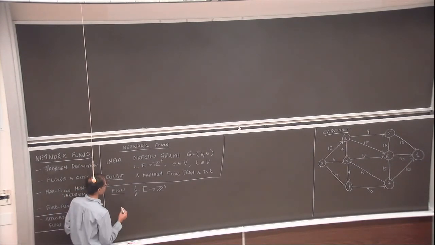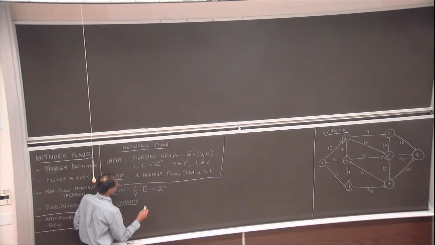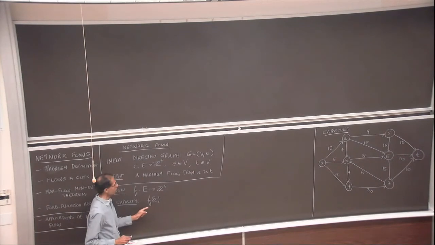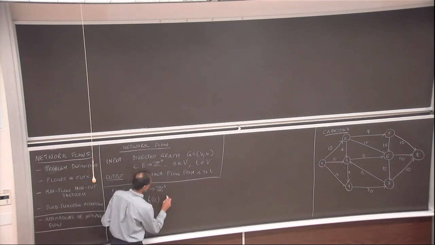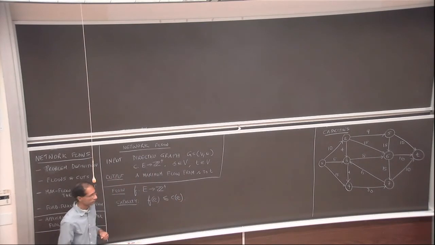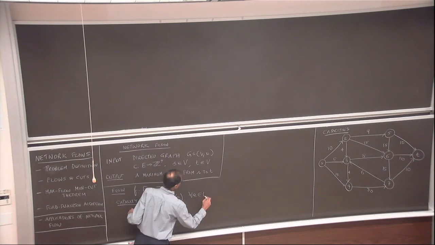It has to satisfy two properties. One is the capacity constraint: you can never send along any edge E more flow than the capacity, for all edges.